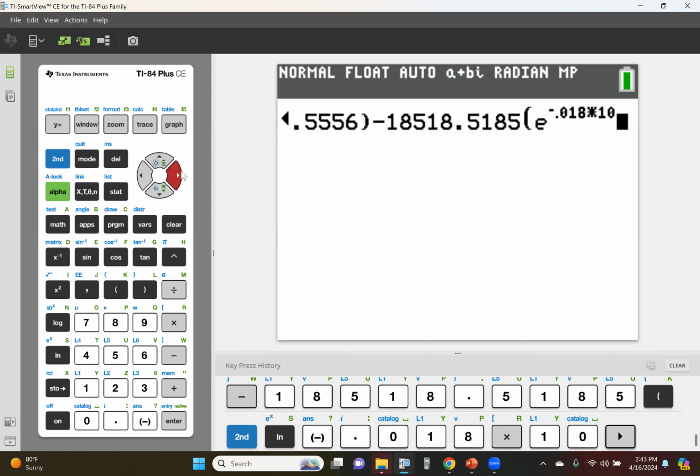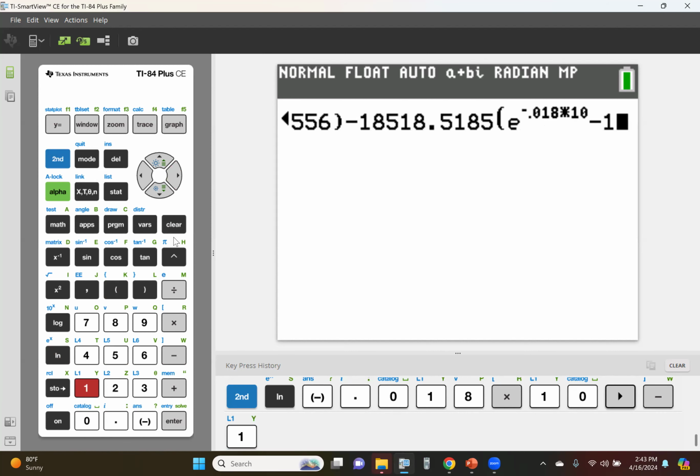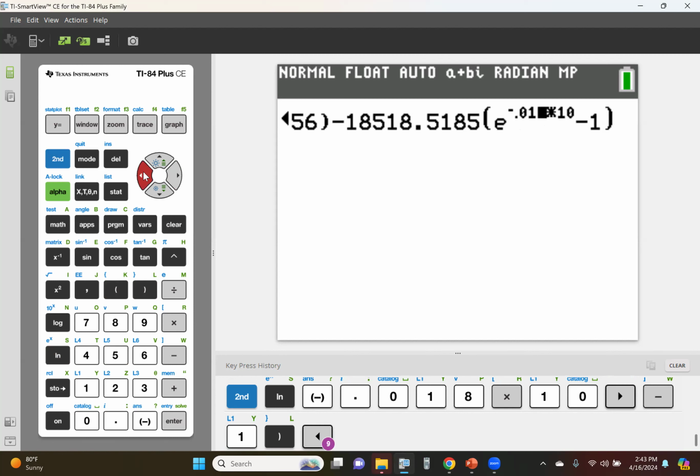Get out of that exponent, and we're going to be subtracting 1. Okay, and I'm just going to do a quick glance at this and make sure that I have it typed in the same way that I have it on my paper. Make sure I got all the negatives in there and the exponents on the e's. Looks pretty good. All right, so I'm going to hit enter.